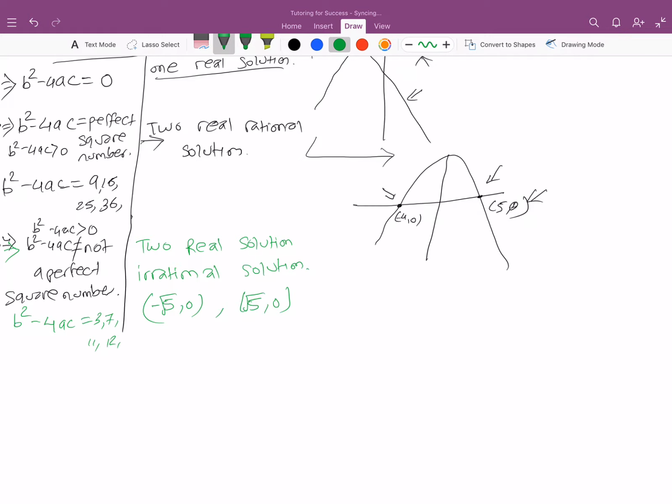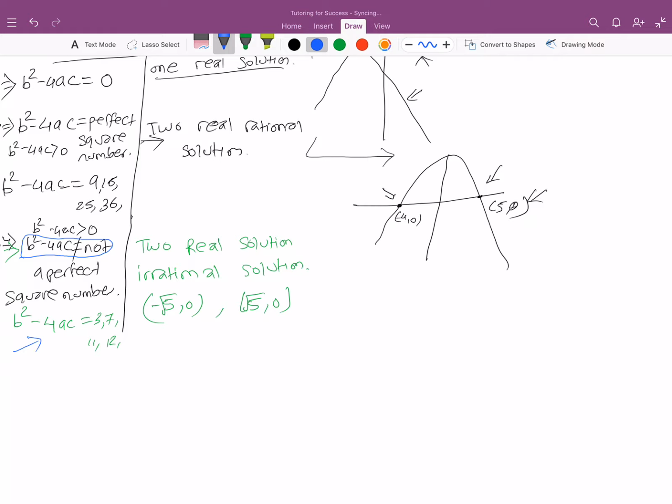The rule states if b squared minus 4ac is not a perfect square number, but it is greater than 0, which is part of that example, could be any number but not a perfect square, the rule tells us you have two real irrational solutions.